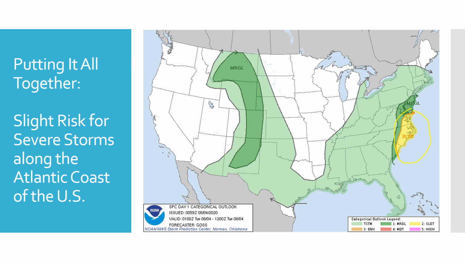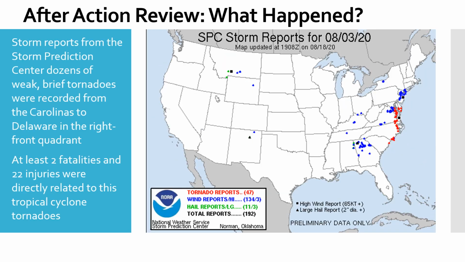And as this storm tracked further towards the northeast, they extended the slight risk to include areas up into New England as well. So this slight risk represents that, yes, we think that there could be some scattered reports of tornadoes, but we're unsure how widespread they're going to be or how strong they're going to be.